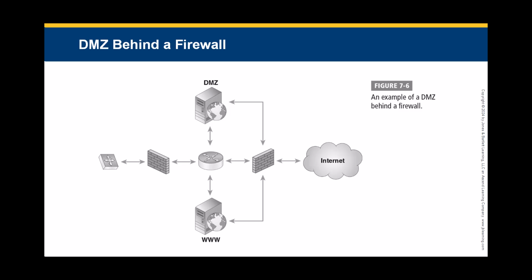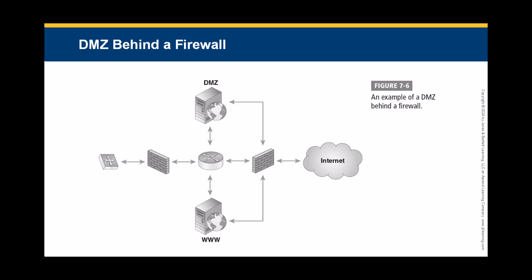Now look at the internal firewall between the DMZ and the internal network. This firewall is even more restrictive than the perimeter firewall. It typically allows only specific one-directional communication, such as the web server querying a database or application service.